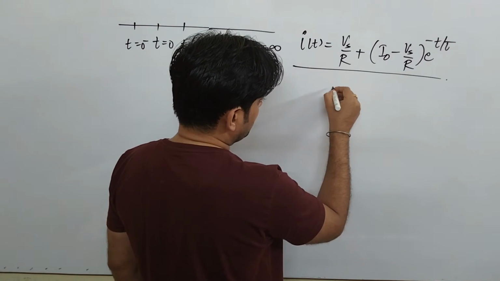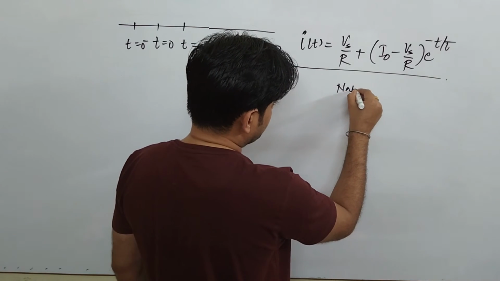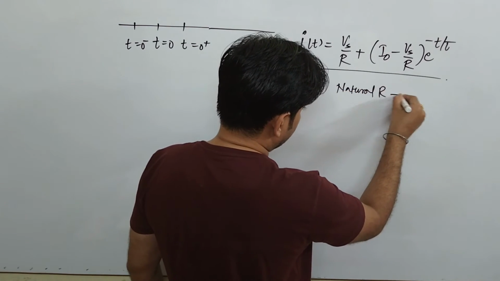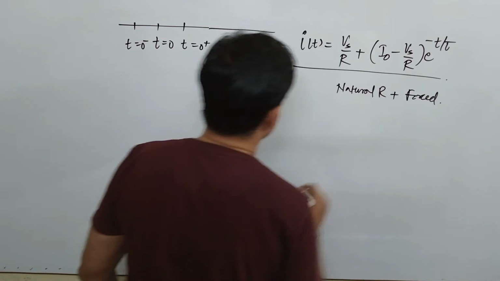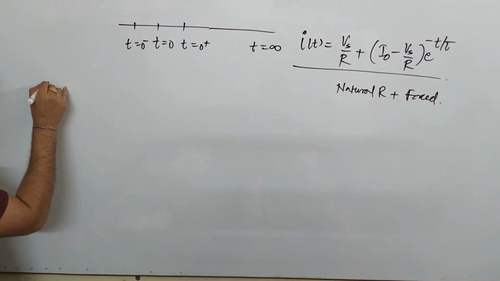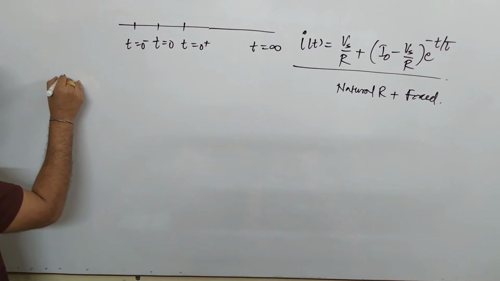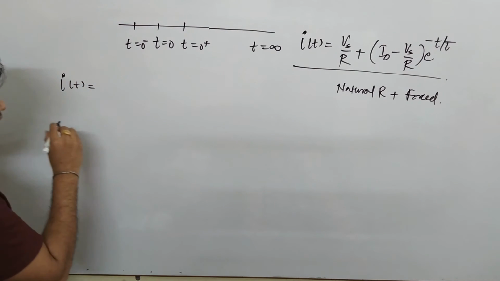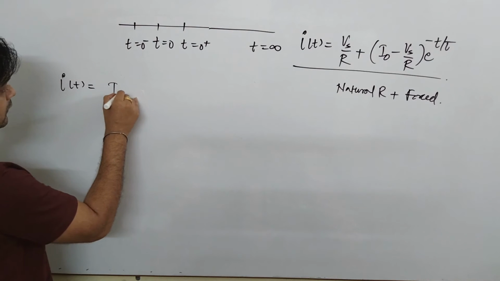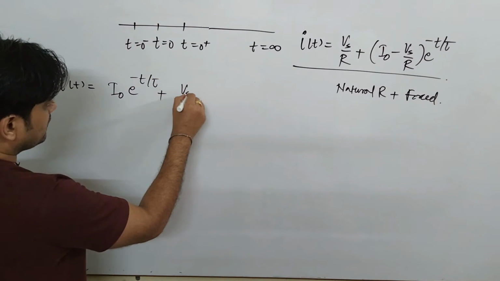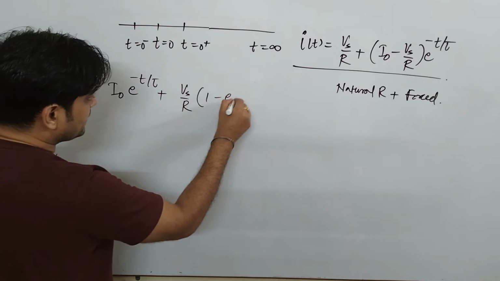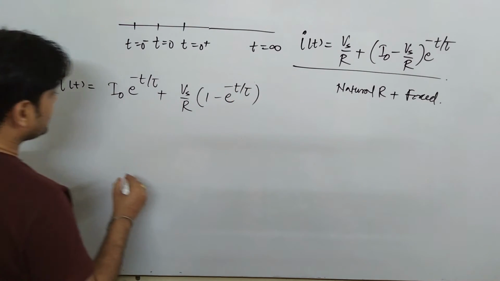I already mentioned to you about first your natural response and then forced response. So if I talk about the first condition, you can write it as it is equal to I0 e to the power minus t by tau plus Vs by R (1 minus e to the power minus t by tau).